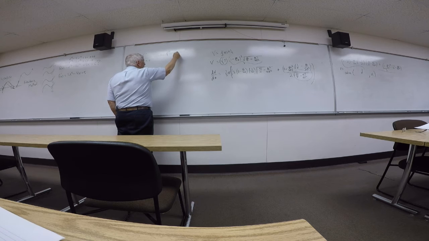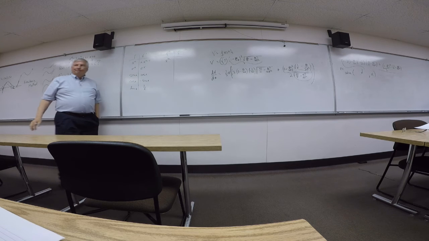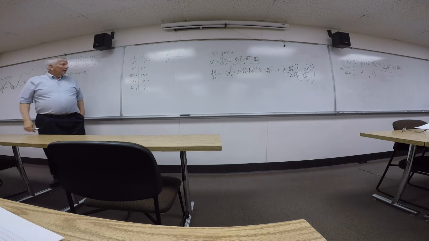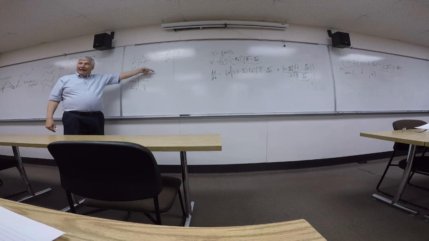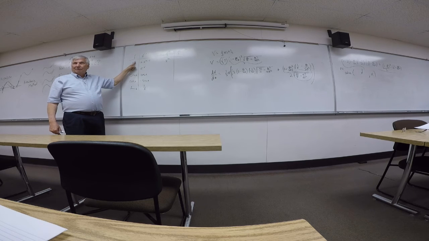Let's go the other way. F prime back to f. Let's say I have x to the n. What function has derivative x to the n? Well, when we're going down, this exponent is 1 less than that exponent.